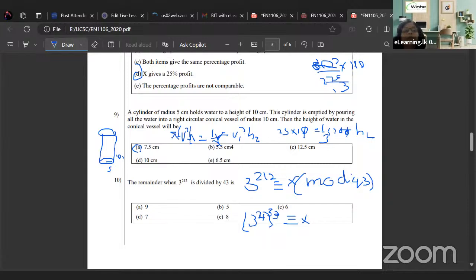Right? So then what will be the answer for question number 10?